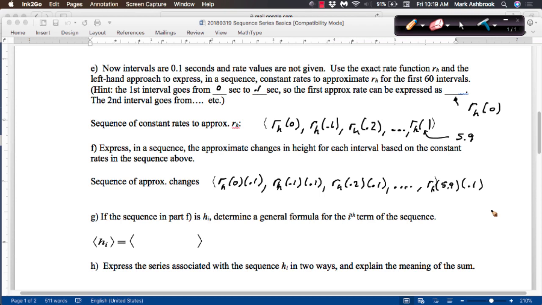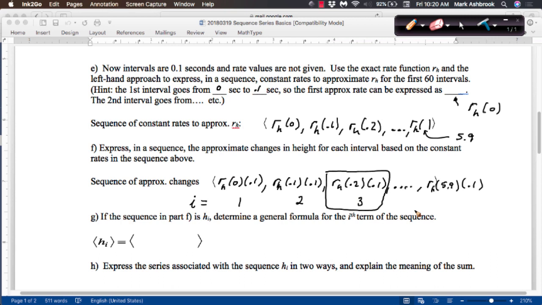Okay, so now we want to determine, if i equals 1, 2, 3, etc., what formula is going to generate the ith term? So maybe let's look at this. If i equals 3, how do we get that right there?